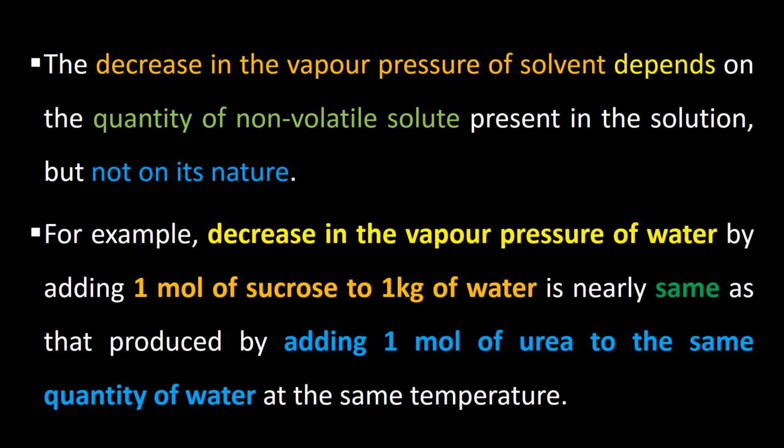That is, sucrose you are adding 1 mole and urea is also 1 mole. And hence, the vapor pressure of the solvent depends on the quantity of non-volatile solute but not on the nature. Even though the solutes are different, sucrose and urea, the decrease in the vapor pressure produced is the same.